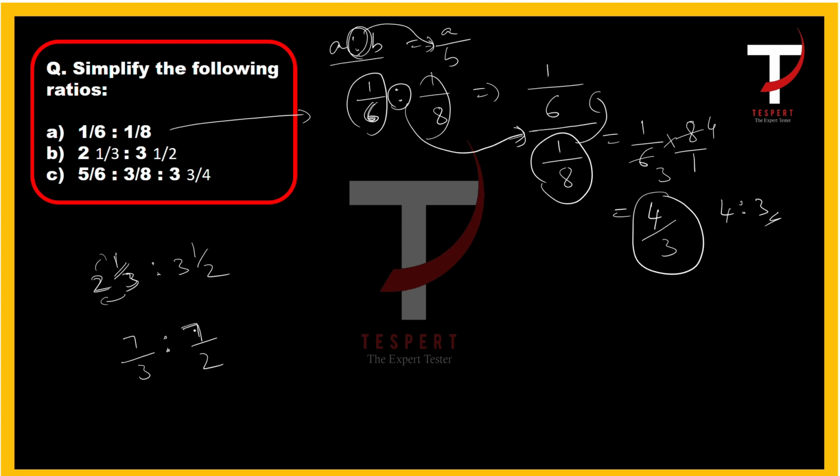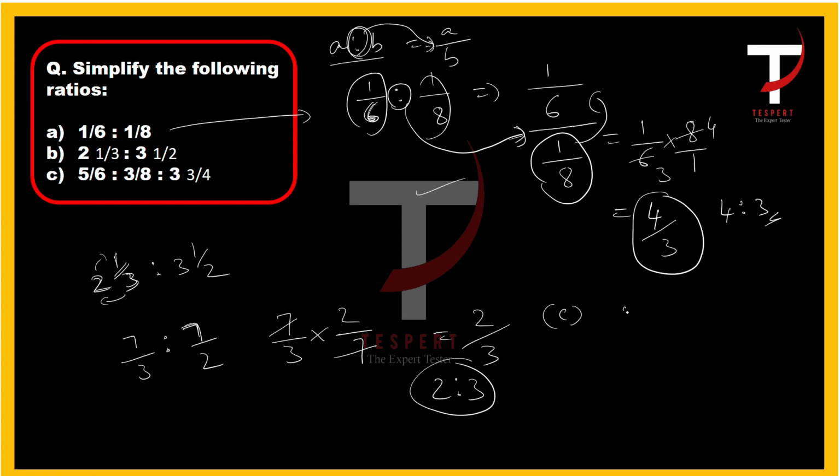Again the same method. So 7 by 3 into 2 by 7. So cancel it and the final ratio is 2:3.